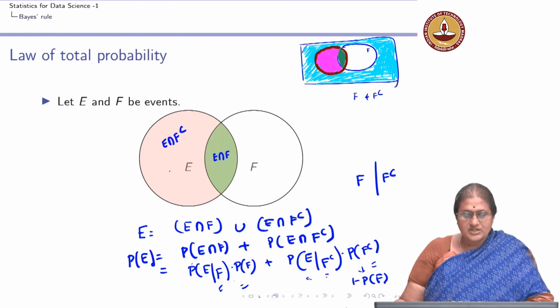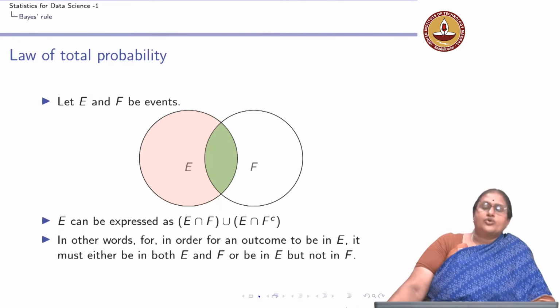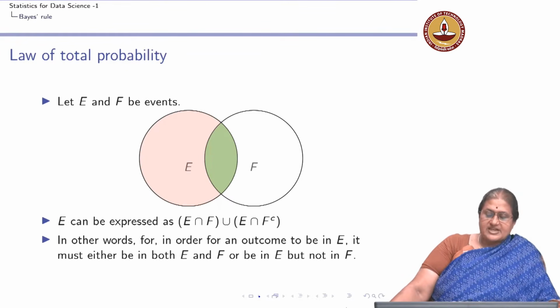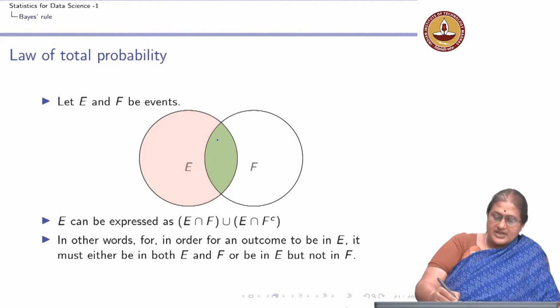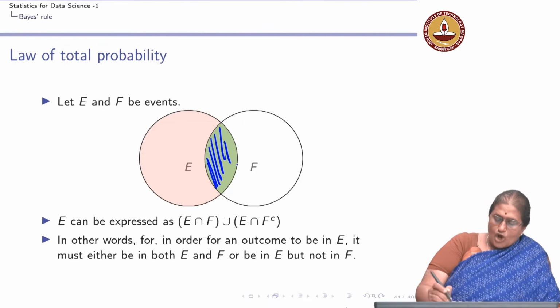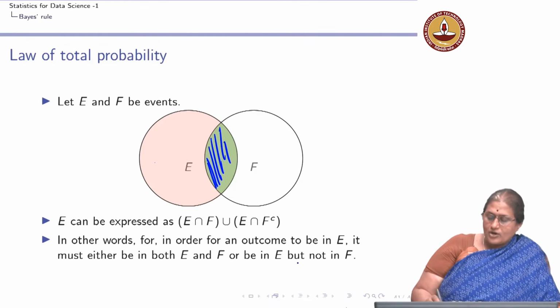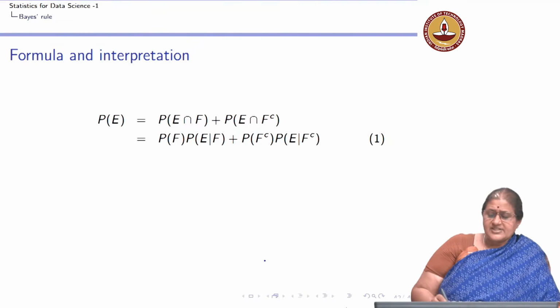This is what is referred to as the law of total probability, which says that in order for an outcome to be in E, it should be either in E and F, which is this green region, or it should be in E and not in F.